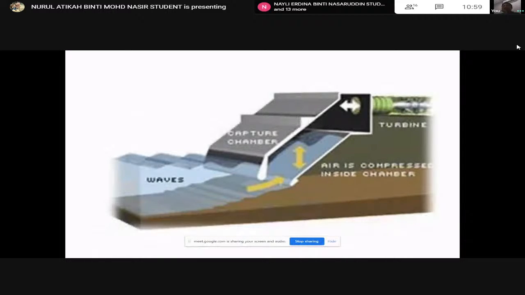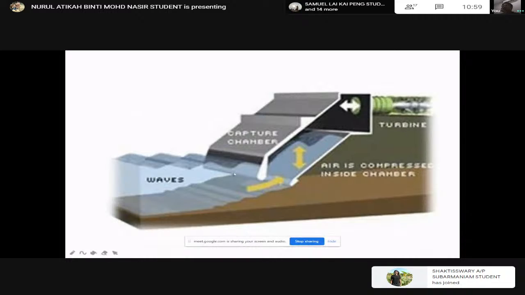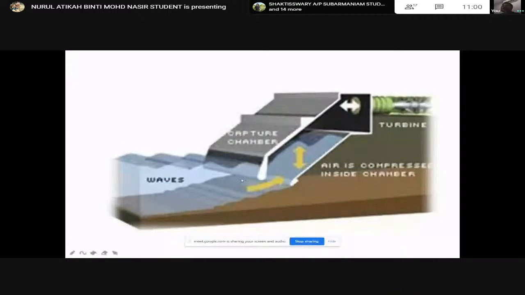Okay. For the power take-off for this technology, we use a turbine. The most commonly used air turbine for this application is the Wells turbine. The water level in the chamber rises and falls with the motion of the wave.